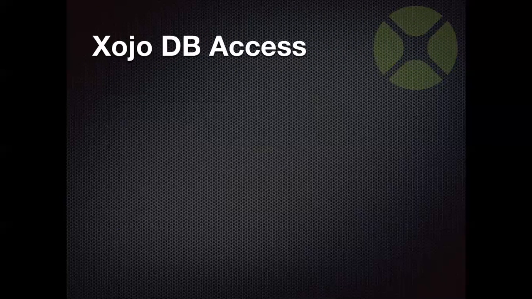Now, of course, your Xojo apps want to be able to connect to these databases that are now running on Xojo Cloud. And when you deploy your web app to Xojo Cloud, you don't need a tunnel or anything because the database is sitting right there on the server alongside your web app.